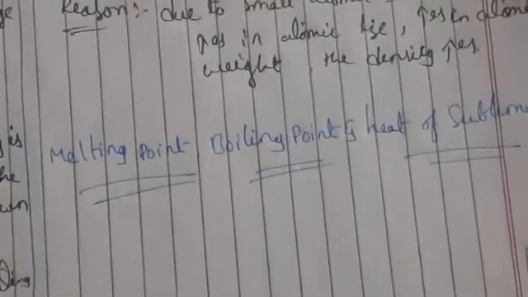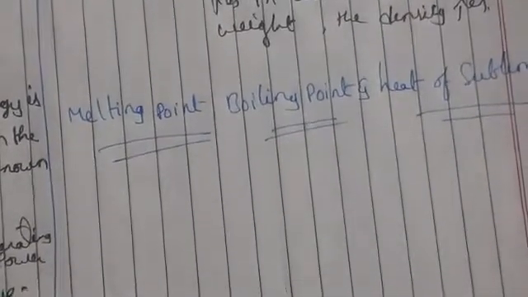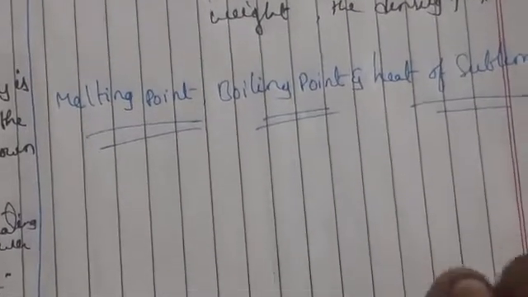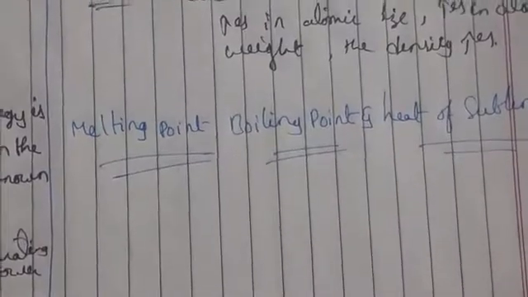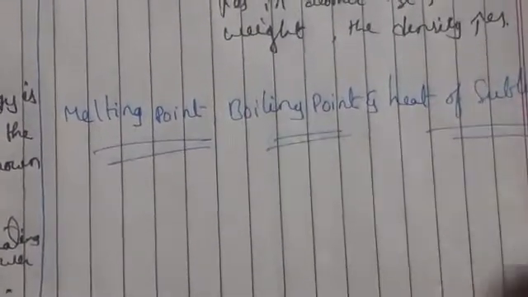Automatically the boiling point and the heat of sublimation decrease from boron to thallium. It is due to decreasing interatomic forces as we move down the group. And the melting point also decreases from boron to gallium and increases from gallium to thallium. Why? Because of structural changes.